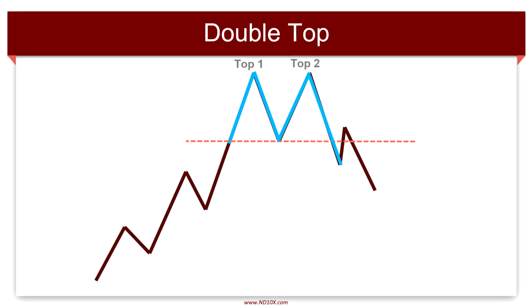Now, the point here that you need to take into account is that it's not always going to be perfect, that top number 1 and top number 2 are going to end at exactly the same level. In most cases, especially in the forex market being so volatile these days, you are going to see a small difference.